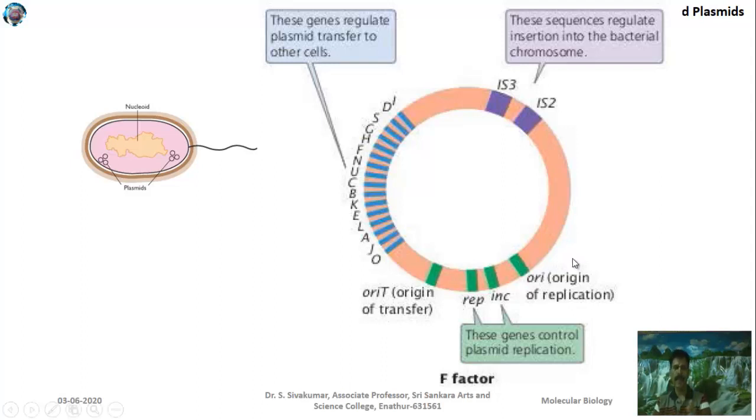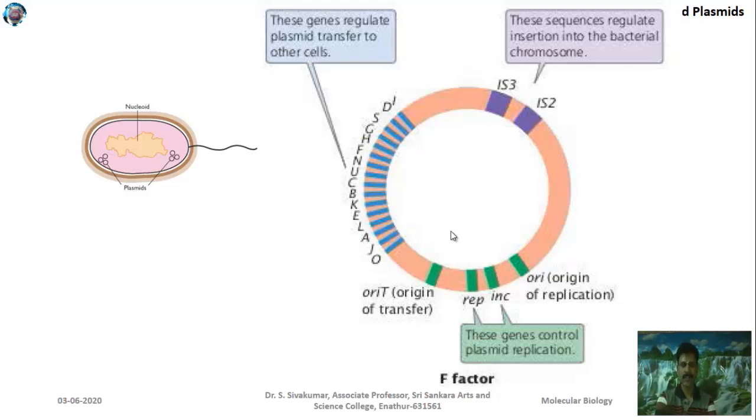Any bacterial plasmid will contain this, and also some structural genes and regulatory regions for replication, transcription and translation, controlling the expression of the plasmid. So when you draw the structure of a plasmid, you draw a circular DNA and put the origin of replication, regulatory regions and structural genes. You should not forget to write these.